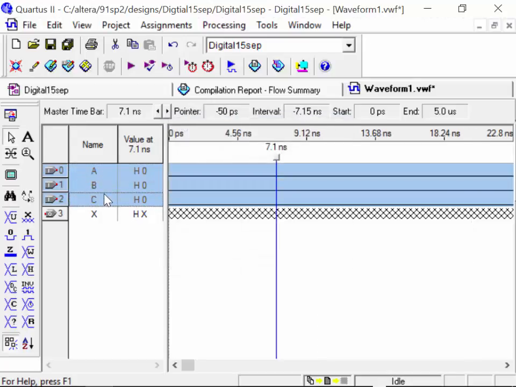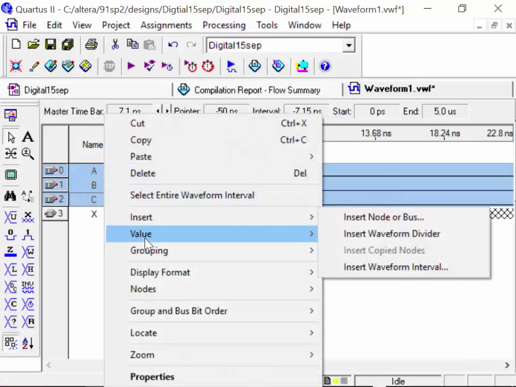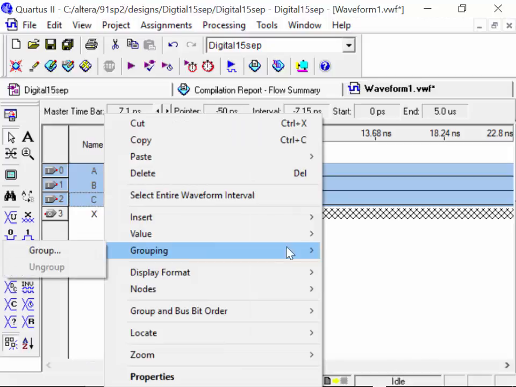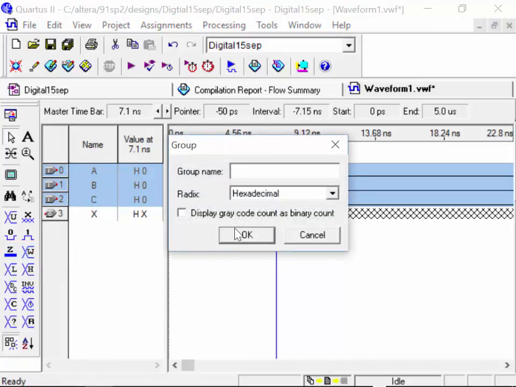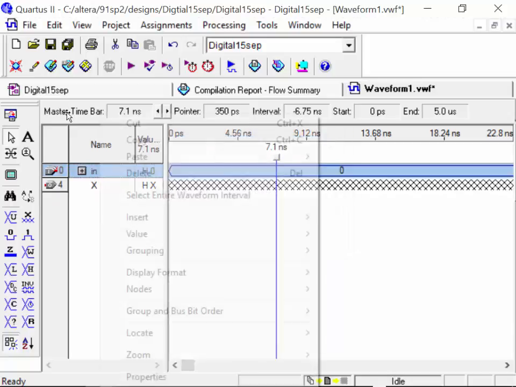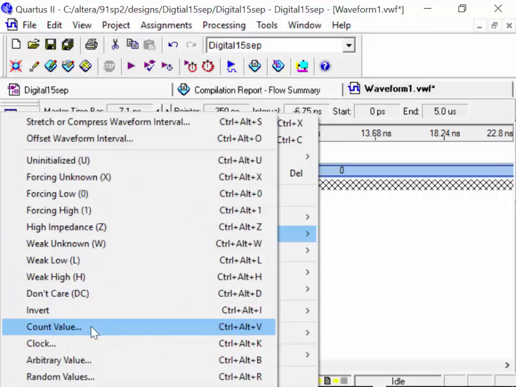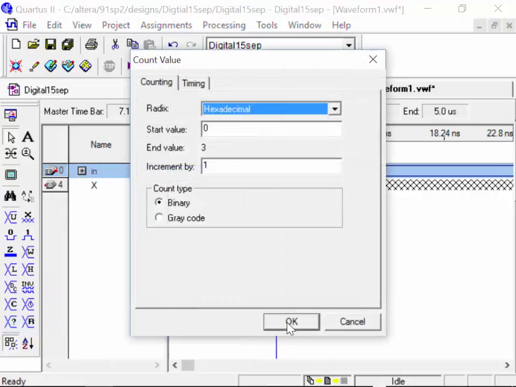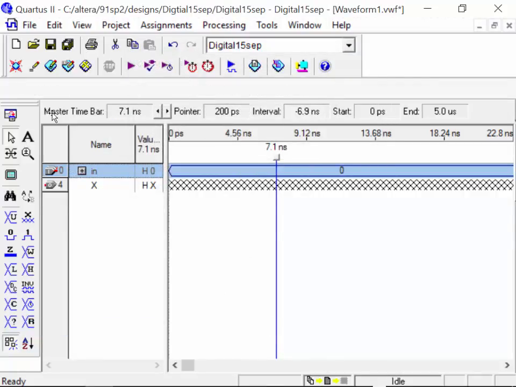But I just want to go through this here. I want to group these. The reason I group them is it saves me time in drawing the waveforms.